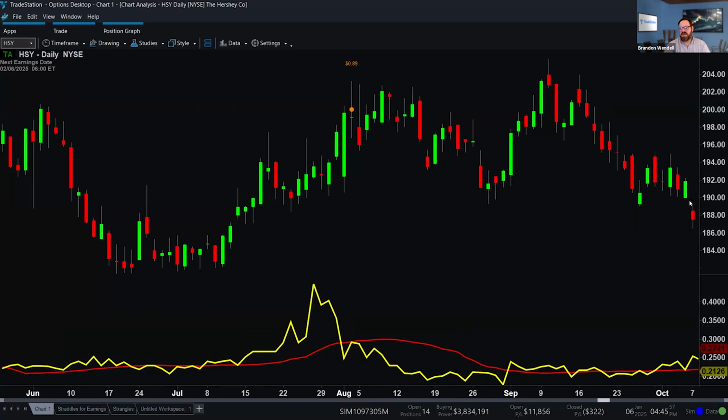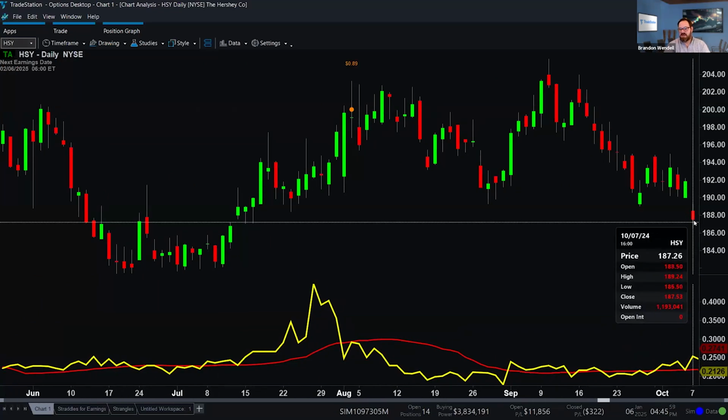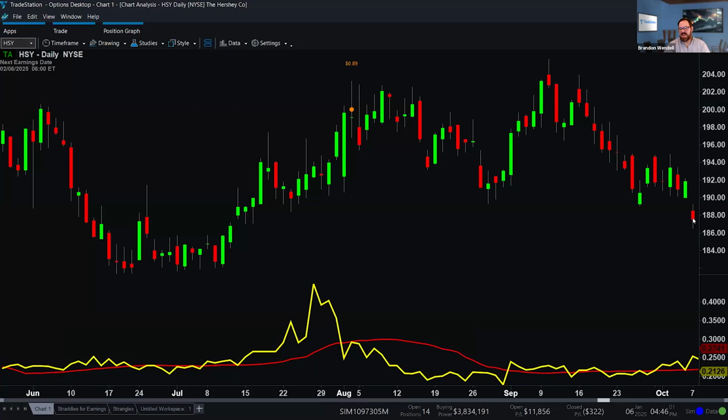We actually gapped down. You buy the 185s, you're slightly out of the money. If you buy the 190s, you're slightly in the money. You have a slightly higher delta, and gamma is going to increase that delta a little bit faster. So not only are you going to be profiting from the implied volatility gaining, but you're also going to be getting extra from the gamma and the delta as price moves in that trend direction.